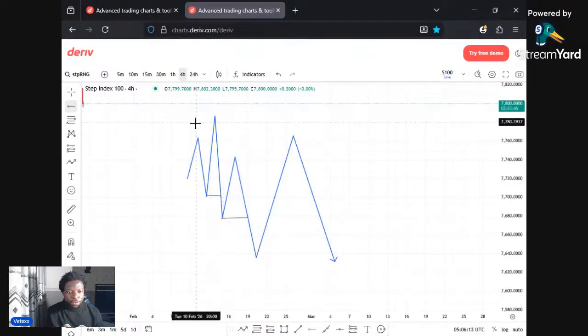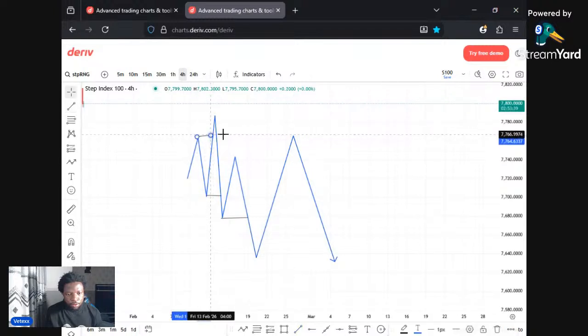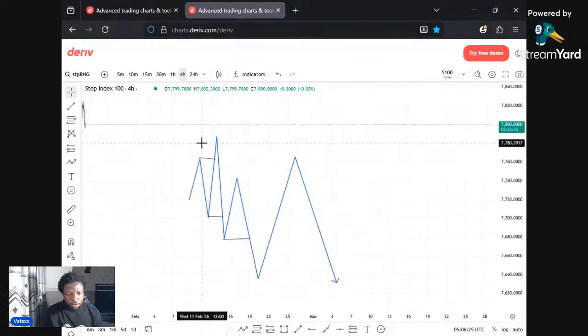And then we have our first strip of liquidity, which is this. This is our first strip of liquidity, and this is our second liquidity.